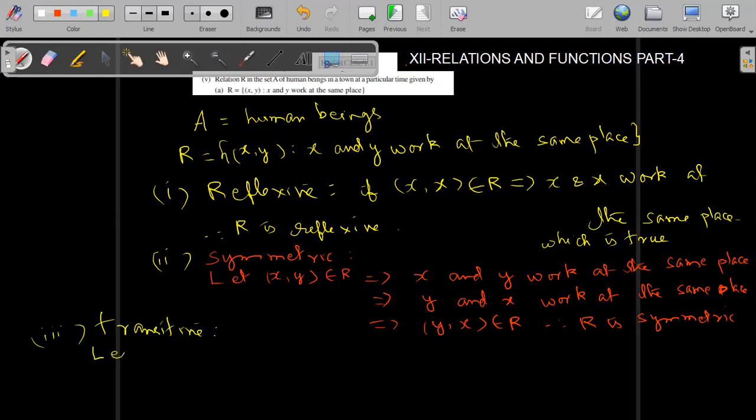Let (X, Y) belongs to R, which implies that X and Y work at the same place.